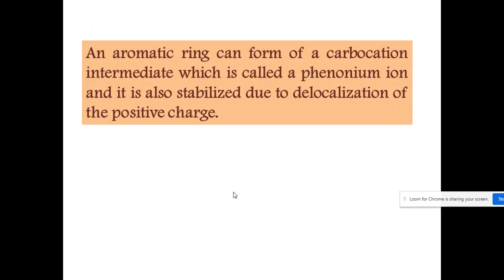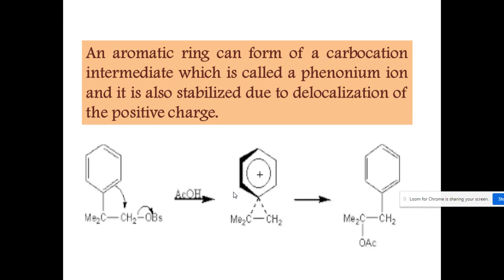An aromatic ring can form a carbocation intermediate called a phenonium ion, and it is also stabilized due to delocalization of the positive charge. Okay, this is the example in this regard.